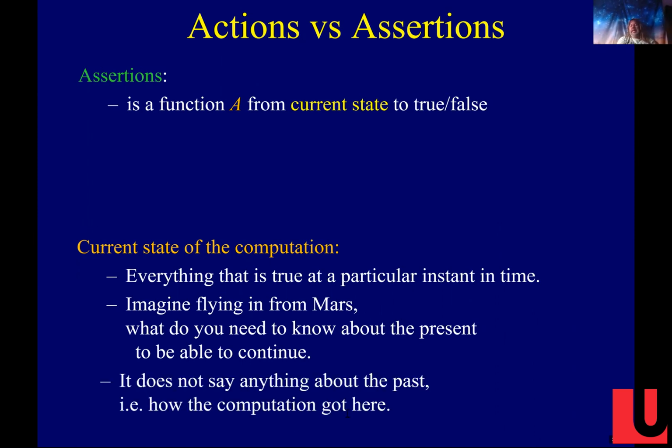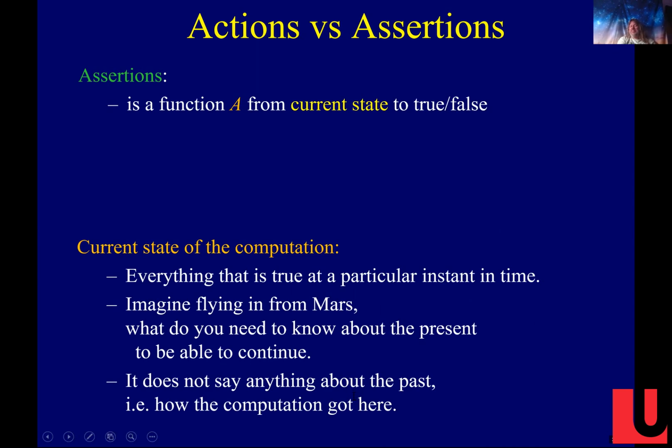It doesn't say anything about the past computation or how I got there. It just says what's true right now. If you ever took 2001 from me, I had states of my Turing machine, which might tell you the values of various variables. It tells you what line of code I'm on. That's the state that I'm in.